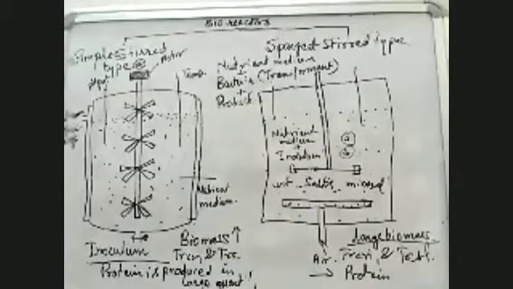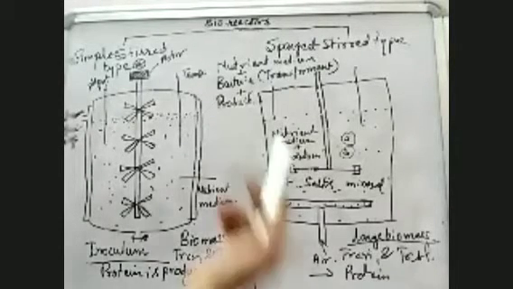Those recombinant DNA in the Escherichia coli undergo transcription and then translation, and they form the protein. Whichever protein the desired gene is present for, they will form that protein. Here we took the example of insulin, so insulin is formed in this case.